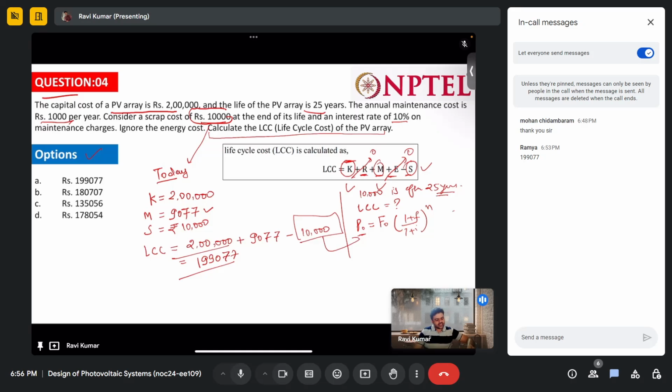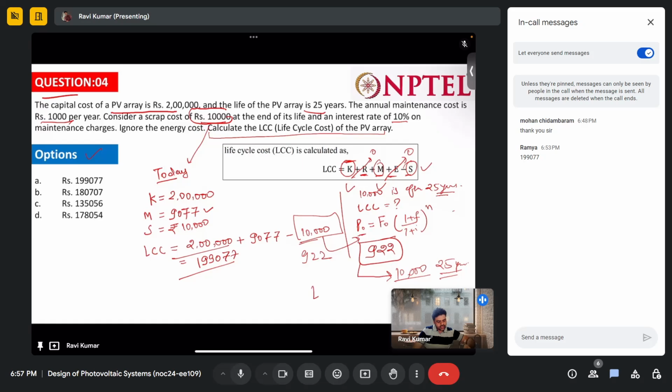So it is just 922 rupees today. This 922 rupees will become 10,000 after 25 years with 10% interest rate. So in place of this 10,000, we will put 922 only.